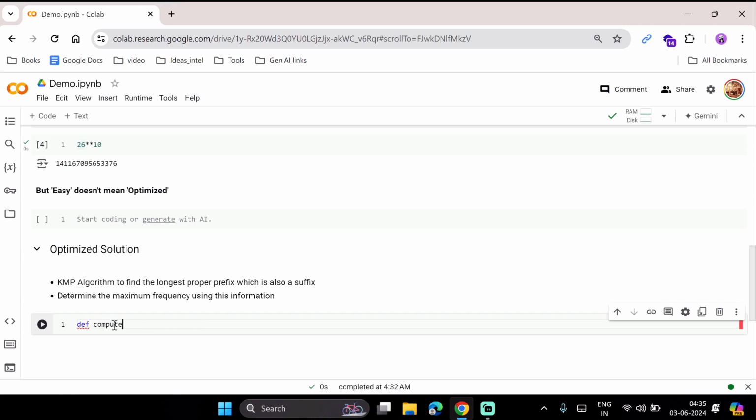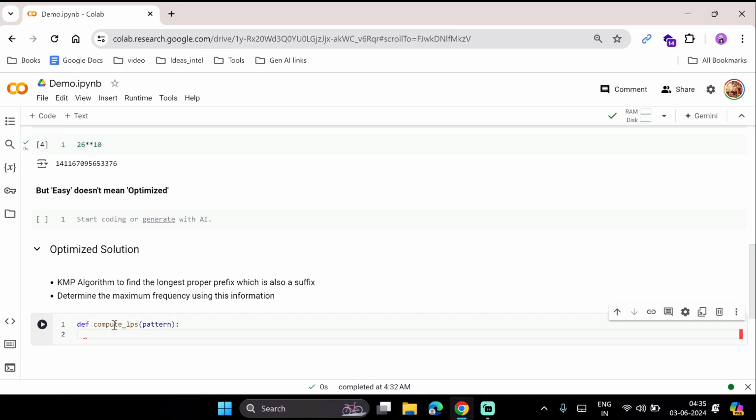So the first function that we are going to write computes the LPS, or longest proper suffix. Compute LPS pattern. Whenever it takes a pattern, first of all, let's initiate an array.